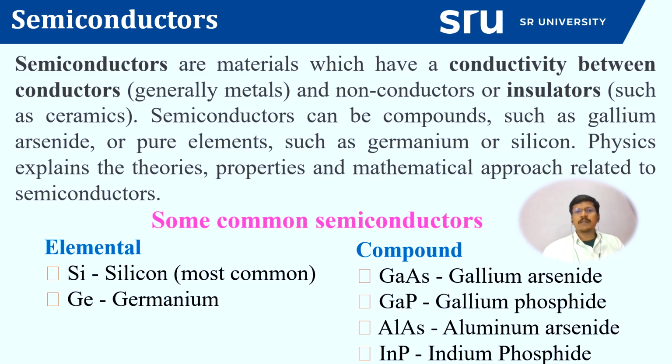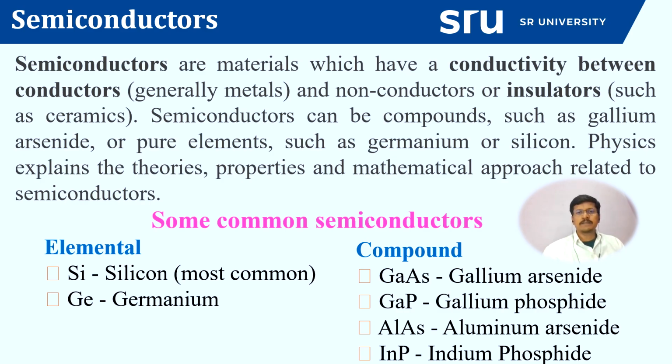Compound semiconductors are especially important in high-speed communication systems and optoelectronic devices. For example, gallium arsenide is used in satellite communication systems and microwave circuits.